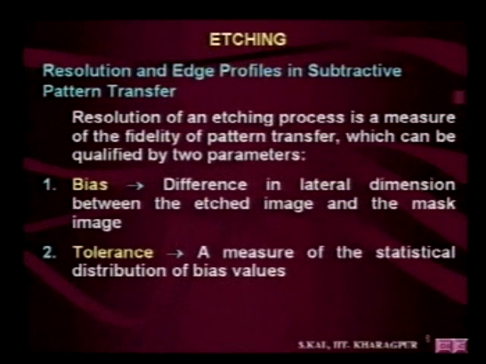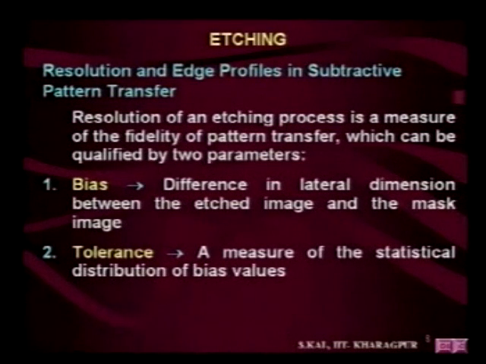Bias is defined as the difference in lateral dimension between the etched image and the mask image. Consider a gap in the mask level, and when that gap is transferred into the photoresist or into the film, what is the gap?